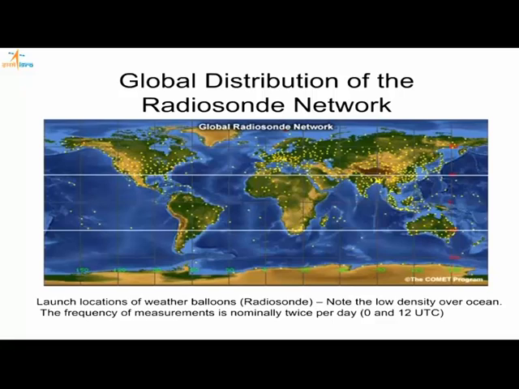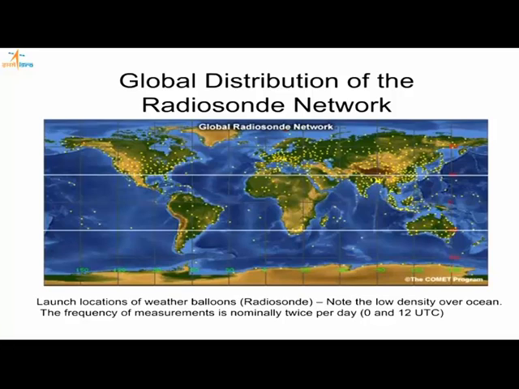In this slide you can see that these yellow dots show the meteorological observatories where we take observations of temperature and humidity in the atmosphere. You see that over most of the land regions we do not have these observations, and these observations are almost absent over vast oceanic regions.